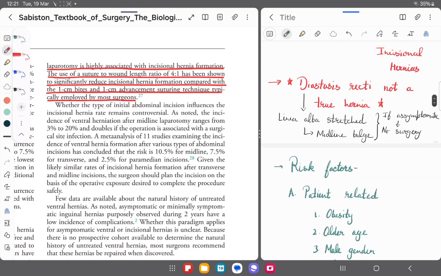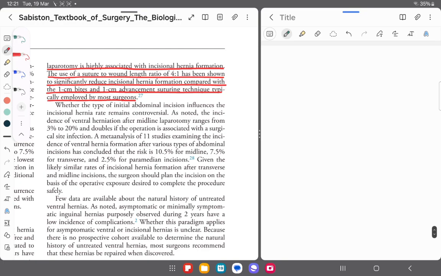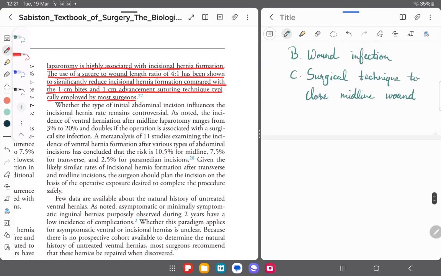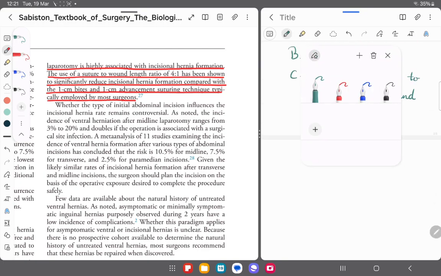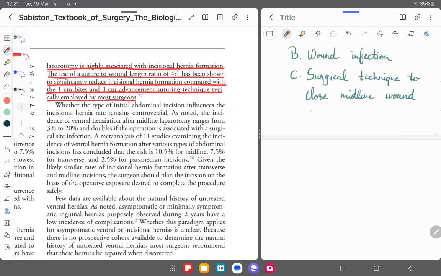So, how to prevent hernia formation? You use suture to wound length of 4:1 always.